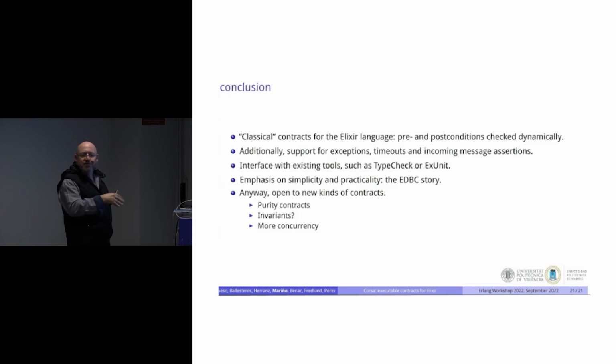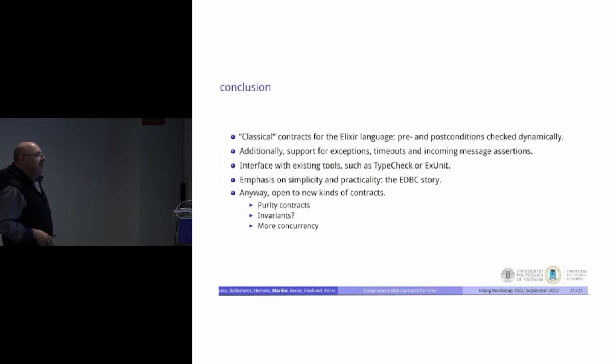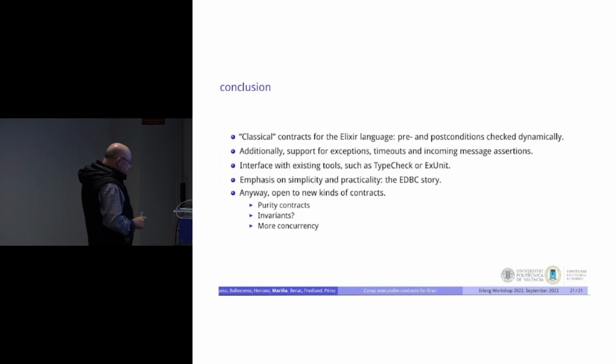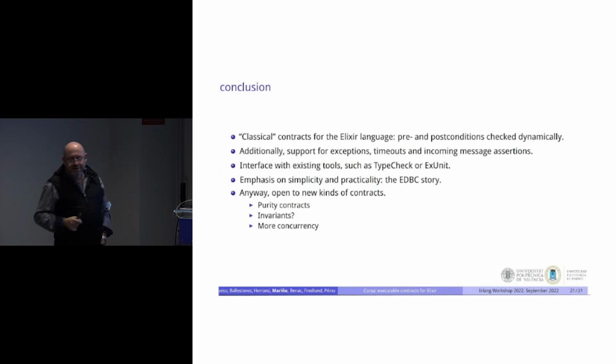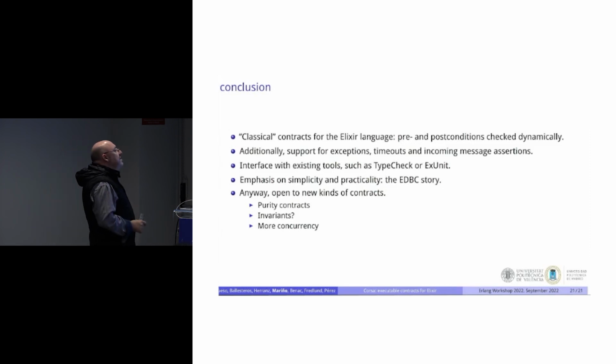So that was an attempt. So now we are developing things with Elixir, and we want this really to be used. So let's start from the ground up. Let's make the important contracts that 95% of the programmers use very clear.